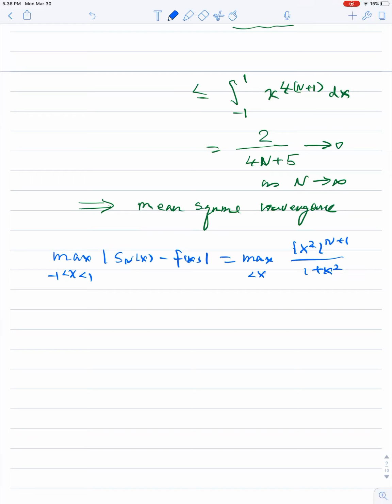Now as x becomes close to 1, this would be greater than or equal to its value when x is 1, so it's 1/2. Therefore, this never approaches 0 as n goes to infinity. What this tells us is that we have no uniform convergence.